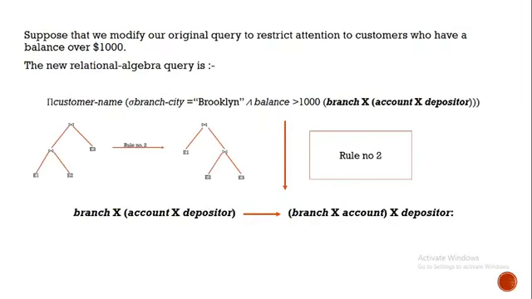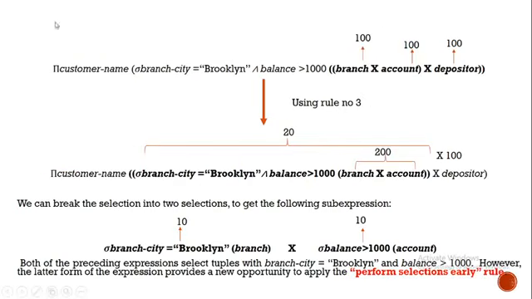This is rule number 2, which says that joining E1 and E2, and then joining the result with E3, is the same as joining E2 and E3 first and then joining the result of E1 with the result of E2 and E3. So after applying rule number 2, our expression will look like this.